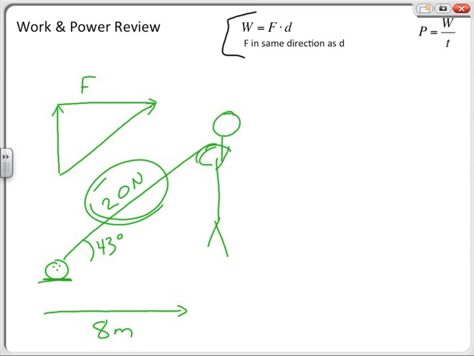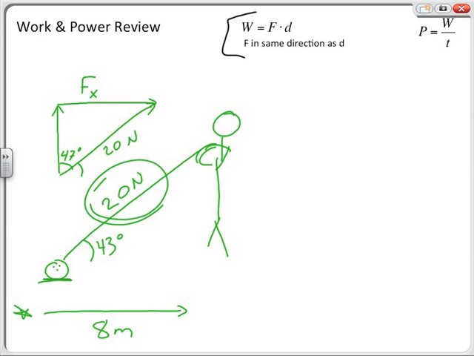What I do need is the Fx, the horizontal component, because that would align down here with my horizontal displacement. So I have 20 newtons sitting right here. Oops, I gave us this 43-degree angle there, so I'm going to apologize, but I'm going to go ahead and give us the complement angle of 47 right there.